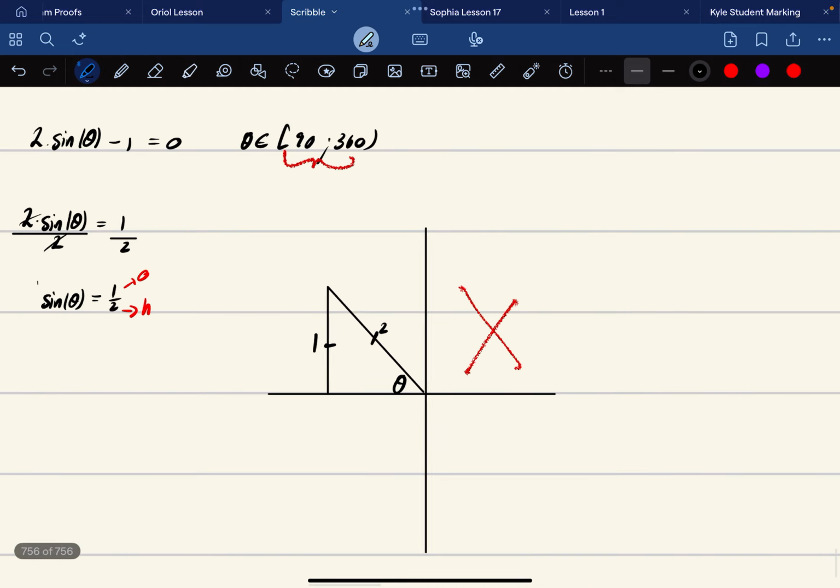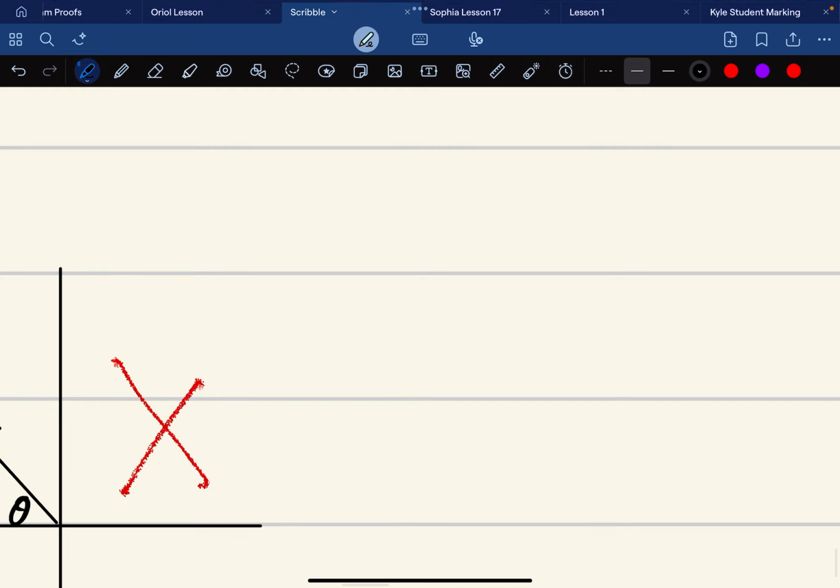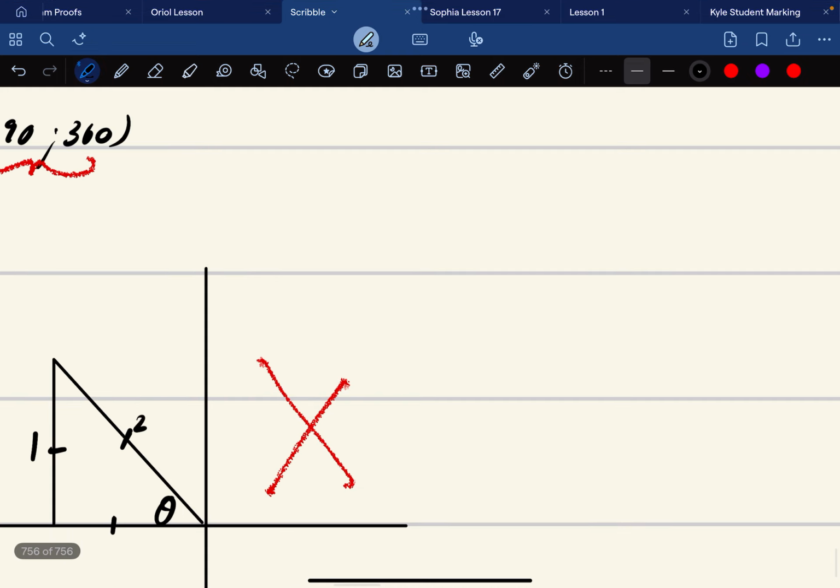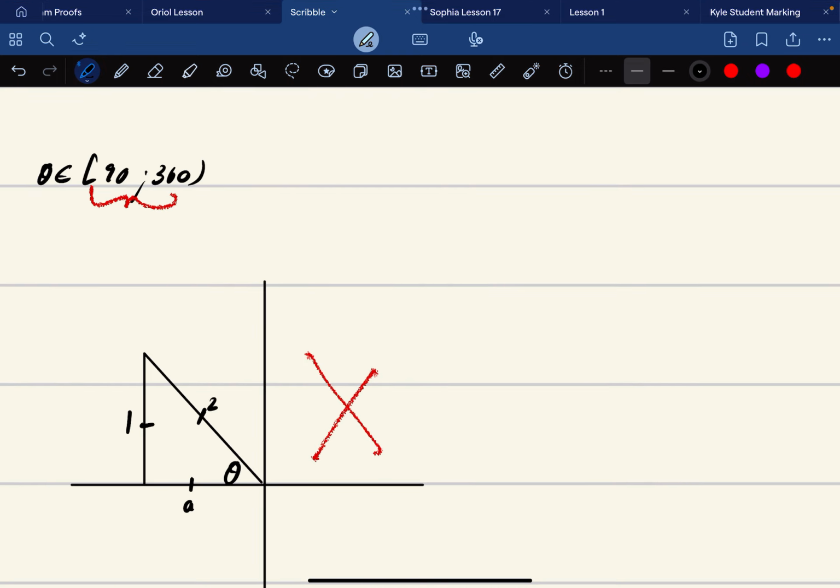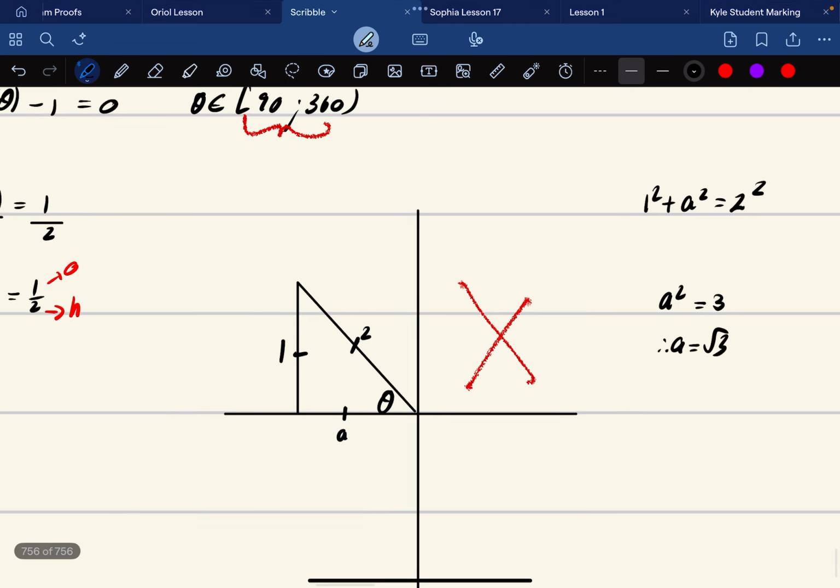So our adjacent is equal to, let's do some Pythagoras. We're just going to call that a for now. 1 squared plus a squared is equal to 2 squared. So a squared is equal to 3. Therefore, a is equal to the square root of 3.